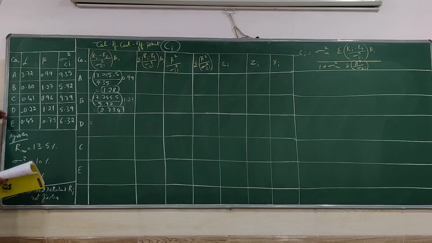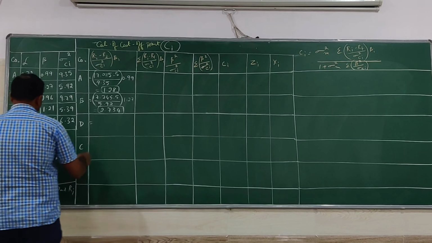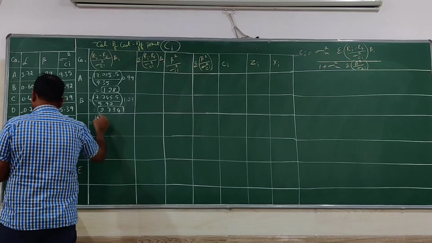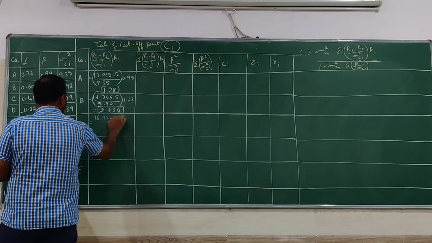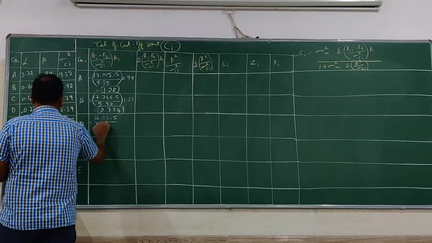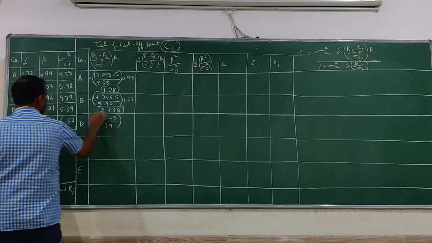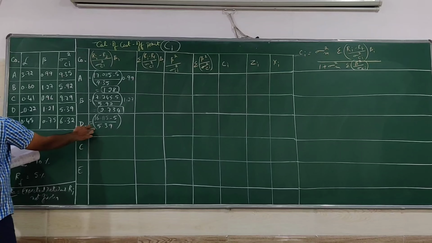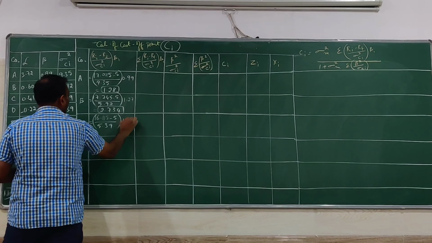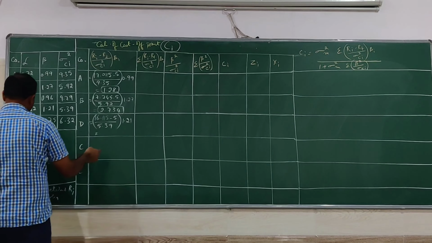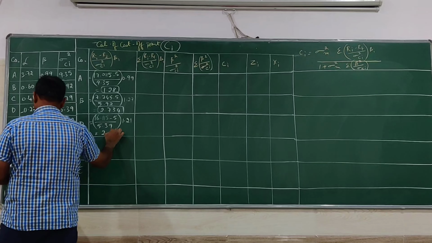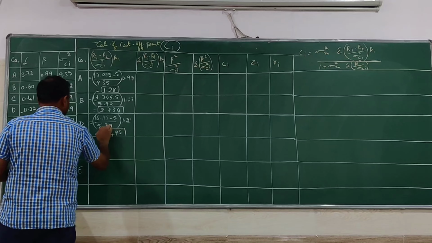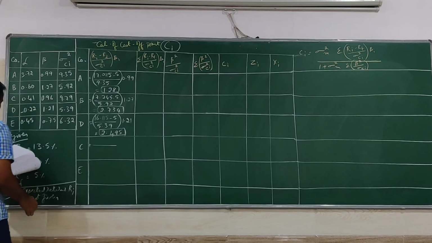Here it is C, D, E. When you are doing D, we have to see only the D row. 16.115 is Ri. Rf is 5. 5.39 is the unsystematic and beta is 1.21. So for D value you are going to get 2.495.